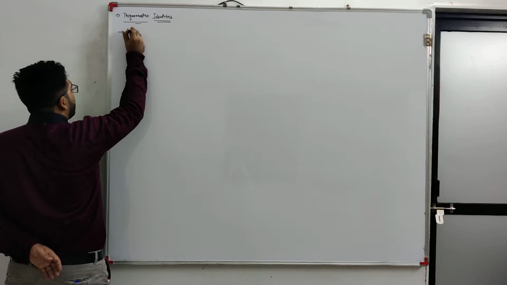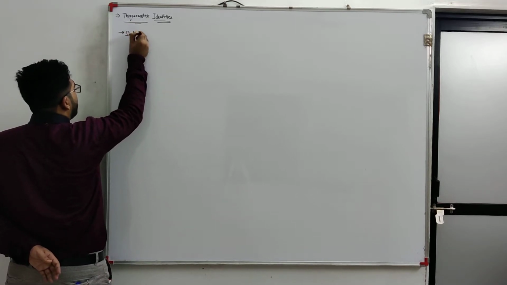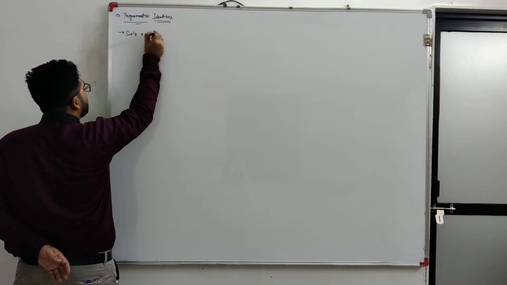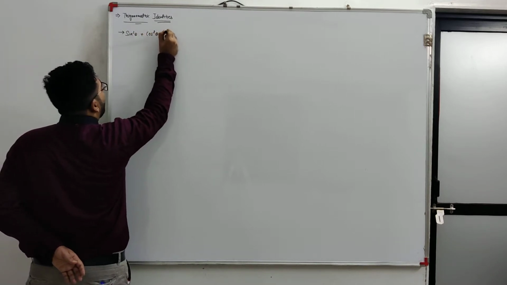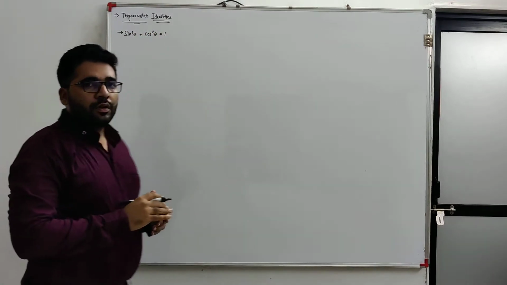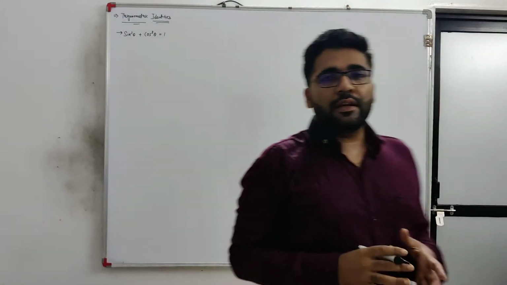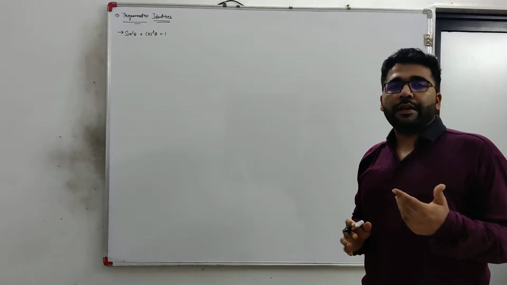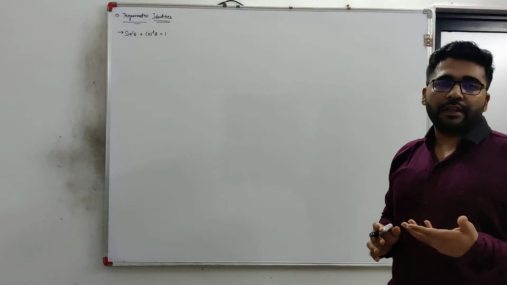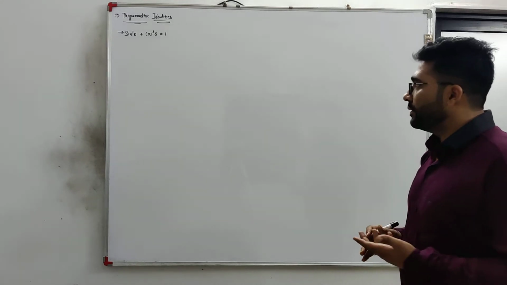So first I derive the first identity, that is sine square theta plus cos square theta is equal to 1. Once I derive this identity, I will use it for deriving further identities.